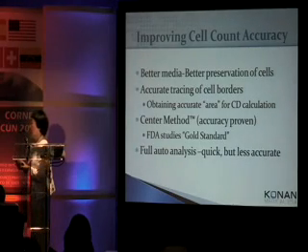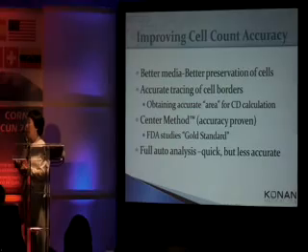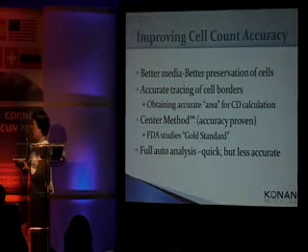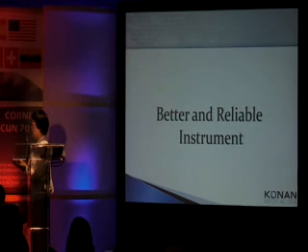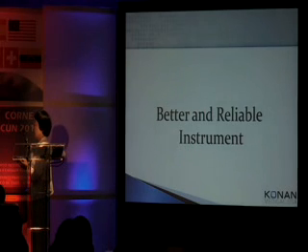So, the center method comes in as a very useful and accurate method to do cell density. The fully automated analysis is very quick, but it's not accurate enough. In order to get a good result, you need a better and reliable instrument.